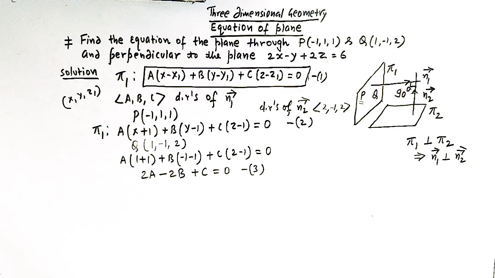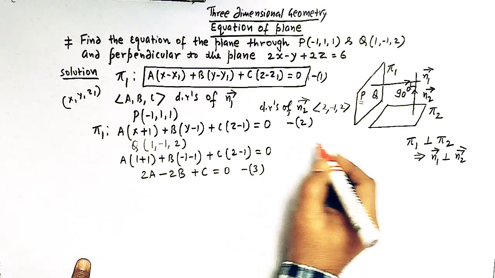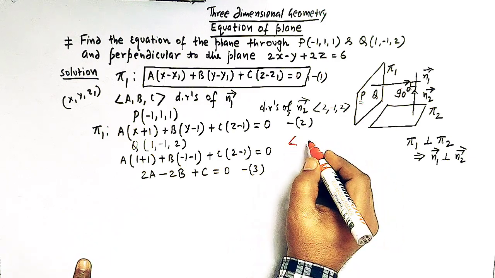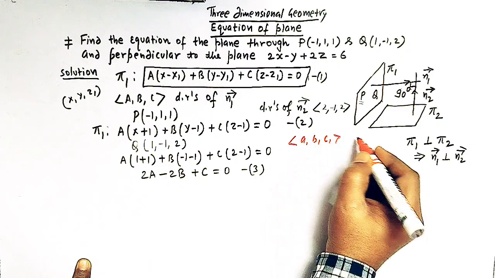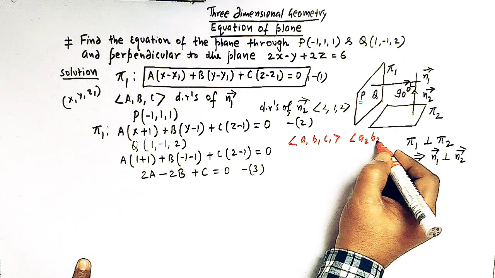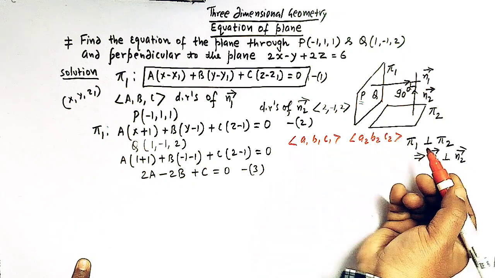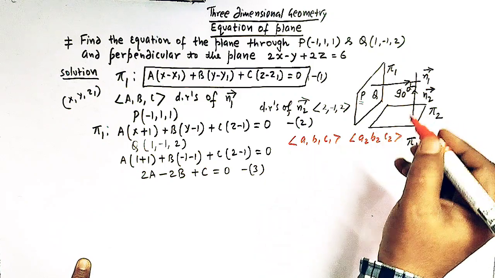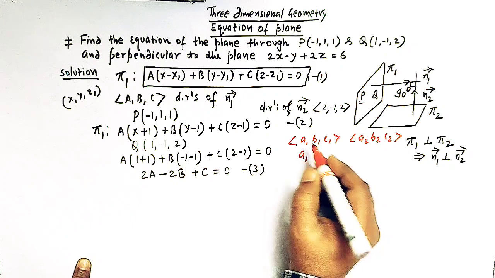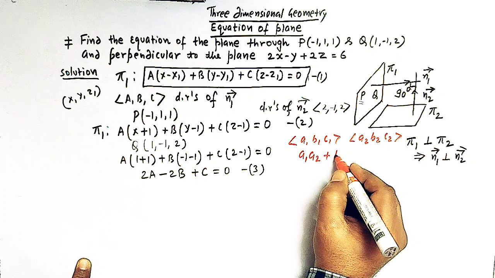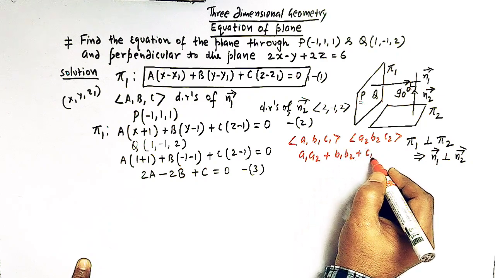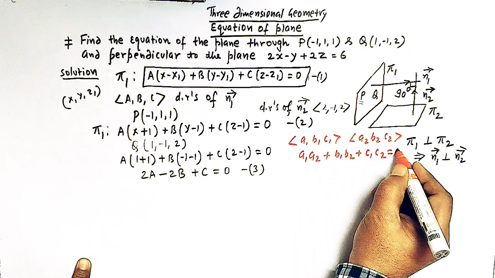So now let us apply the condition for perpendicularity of two vectors. When two vectors are perpendicular and they have the direction ratios as a1, b1, c1 and a2, b2, c2, then the condition for perpendicularity is given by a1a2 + b1b2 + c1c2 = 0.